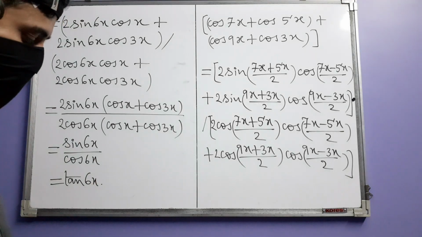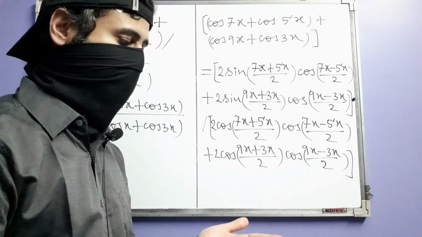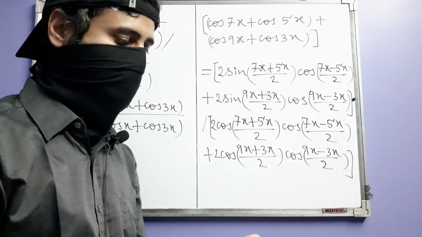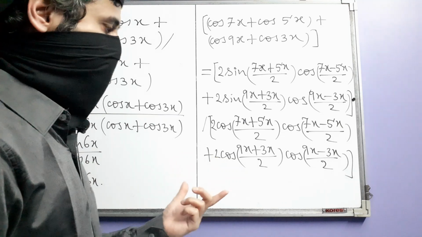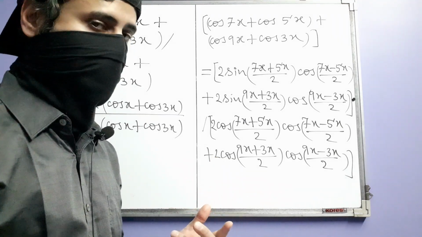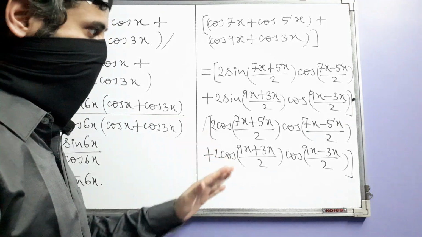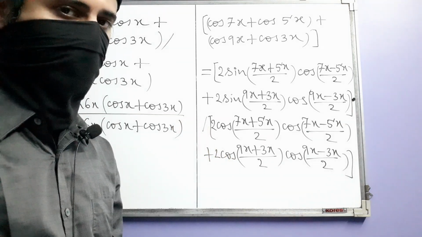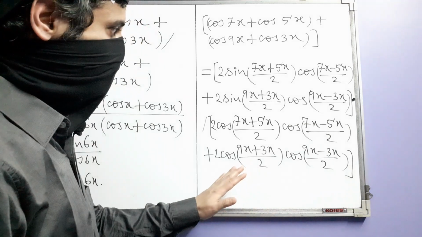You see, in the original expression we had what in the denominator? Cos 7x plus cos 5x plus cos 9x plus cos 3x. Since it is appearing in the denominator, it means that it is supposed to be non-zero.